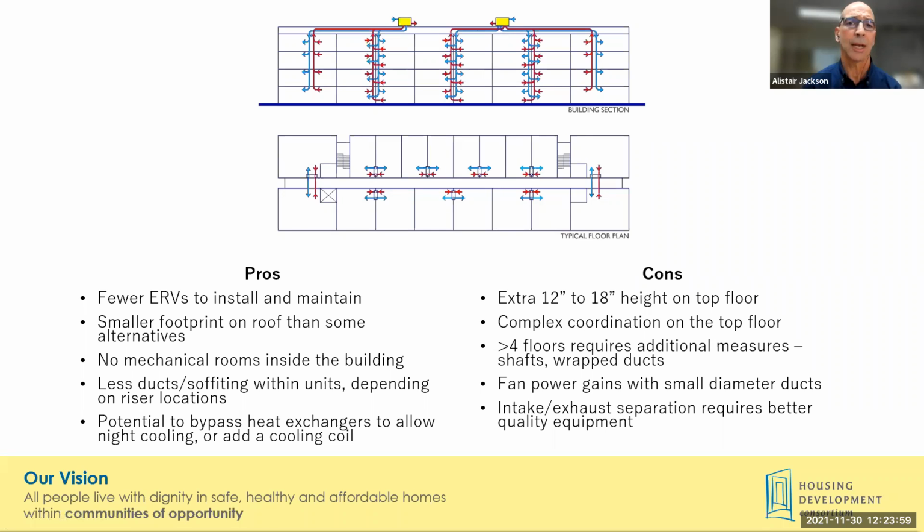Because you are connecting the ventilation systems of multiple units, it's important to have equipment that has good resistance to what we call cross leakage, the transfer of air from the exhaust side to the supply side, which is generally very low, but where you have airflow from multiple units, that's a greater concern than with the unitized system. And then the other thing is that these are very complex duct designs, and so they need to be designed properly and carefully, and they need to be balanced effectively.